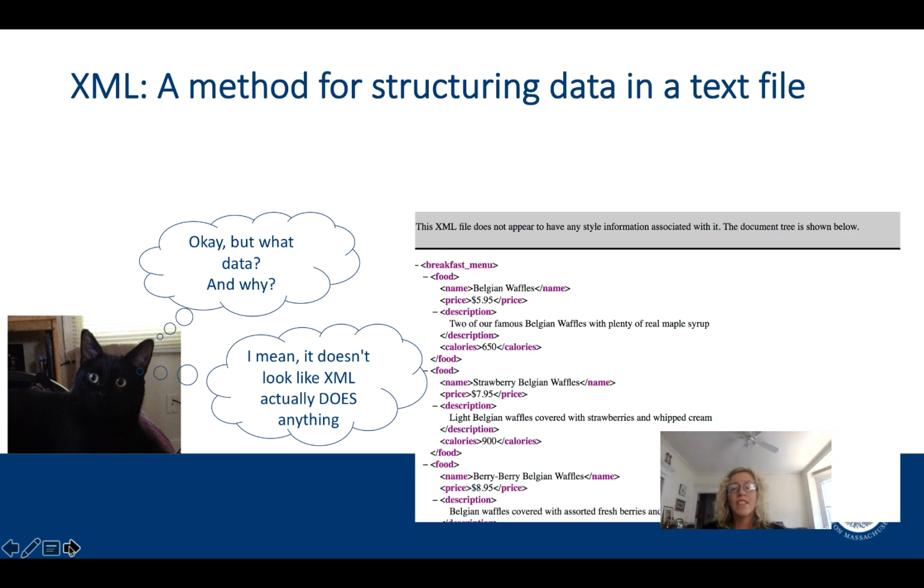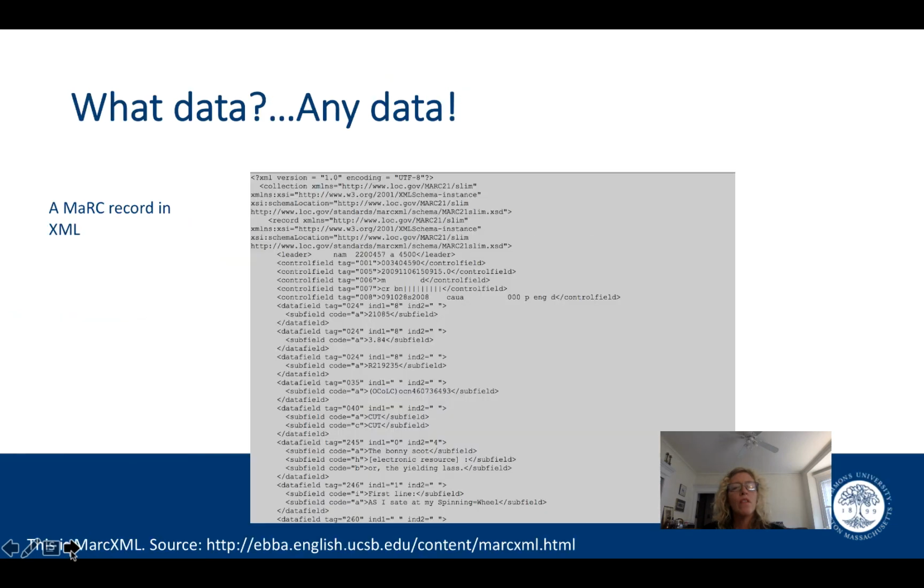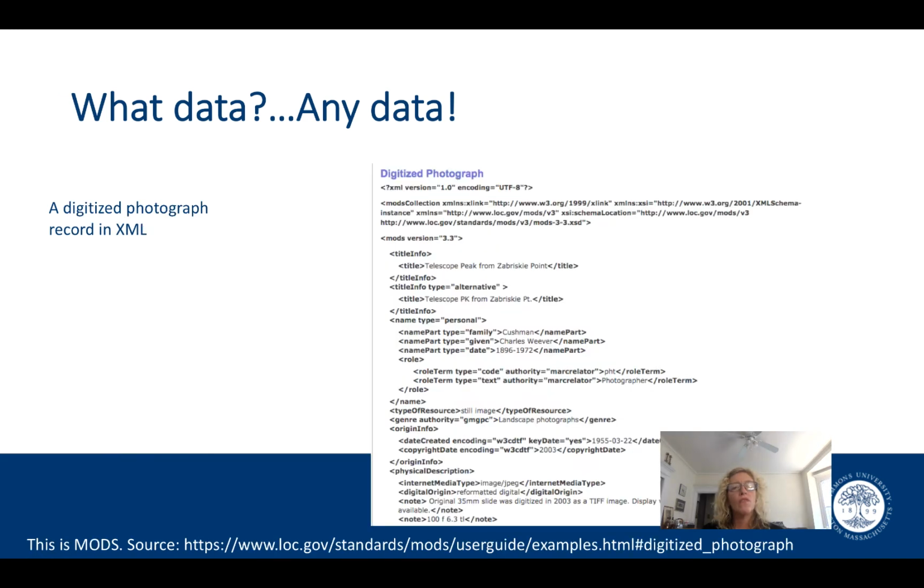But what data are we structuring? And what does it actually do? It doesn't really look like it's doing anything here. This is an example of a MARC record in XML. This is an example of a photograph record that's digitized in XML.